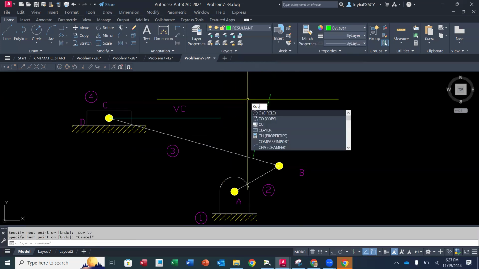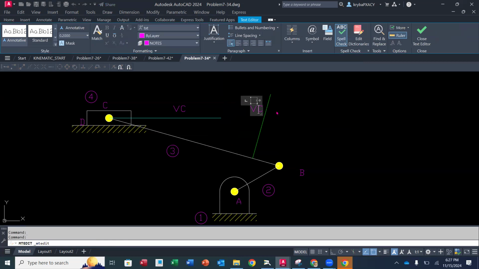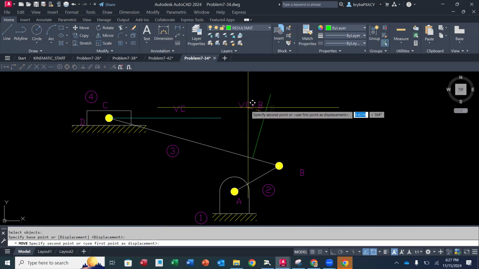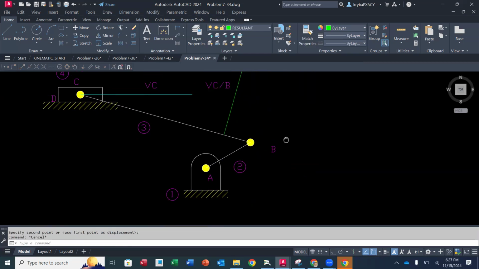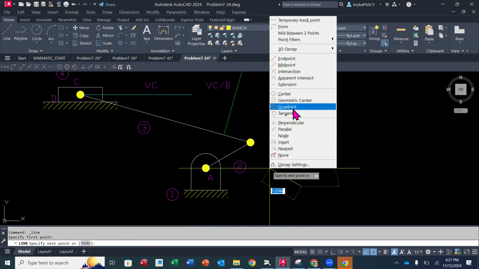And that's going to be the velocity of C relative to B. And then my velocity of B. I'm going to put the line of action on here right now, but we will be able to calculate its magnitude because we do know everything about link number 2.